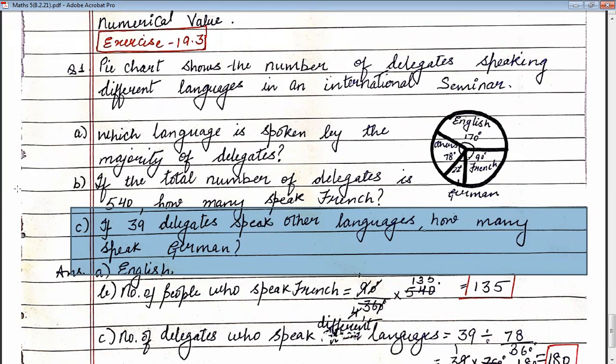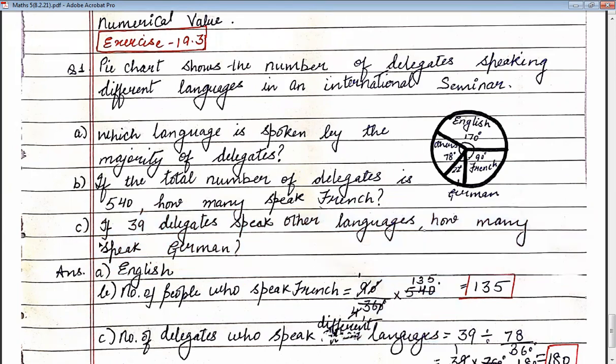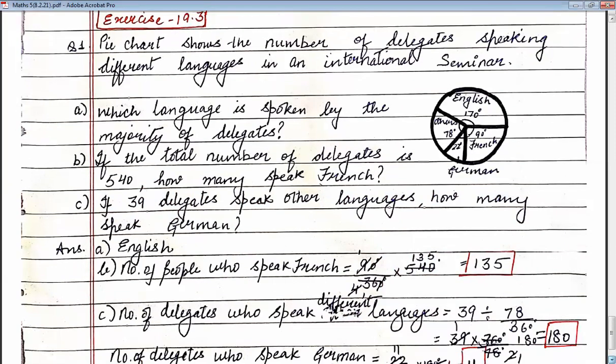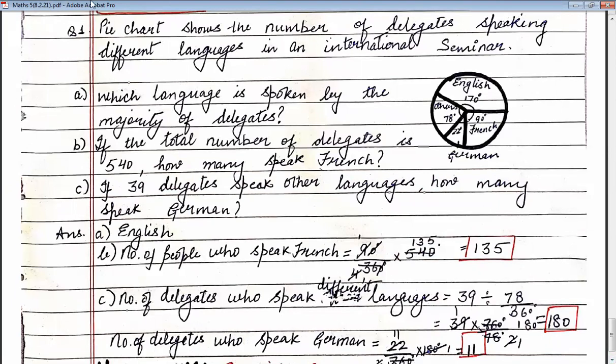So with the first statement, you have to find the total first. First, you will find how many total delegates were there. Now B part was different and now C is again different. First, find the number of total people who attended the seminar.